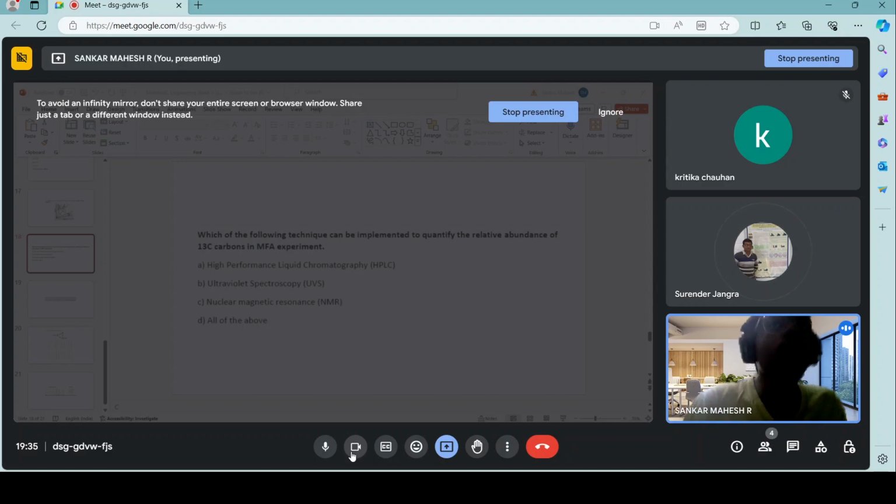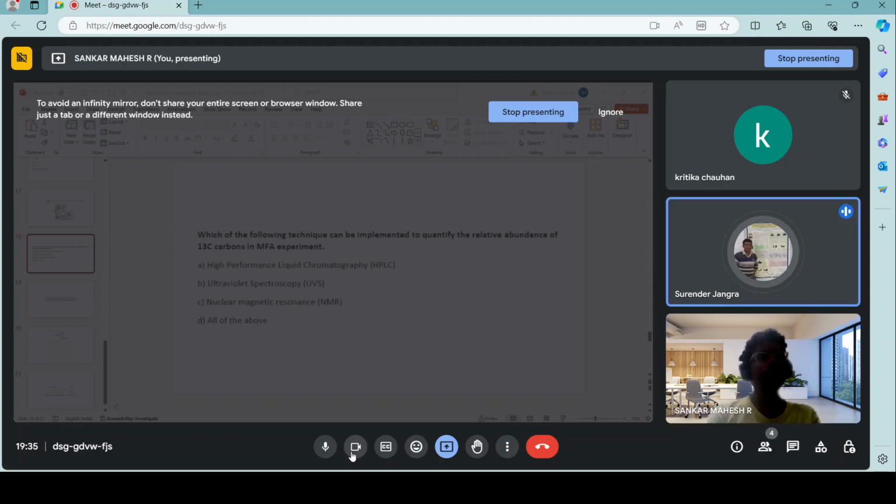And what about HPLC? So in HPLC, size matters. Does it only matter with the size, or? Partition coefficient between the mobile phase and stationary phase.